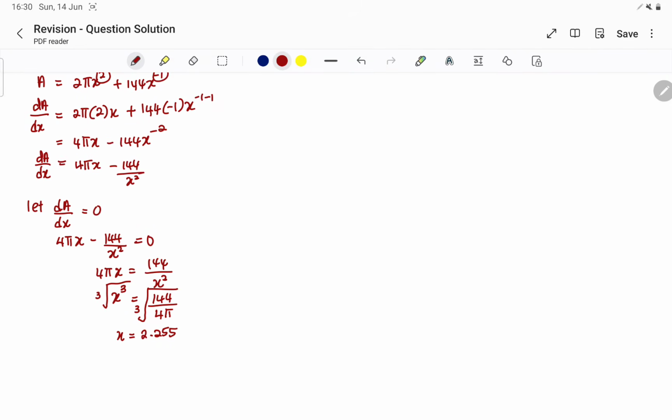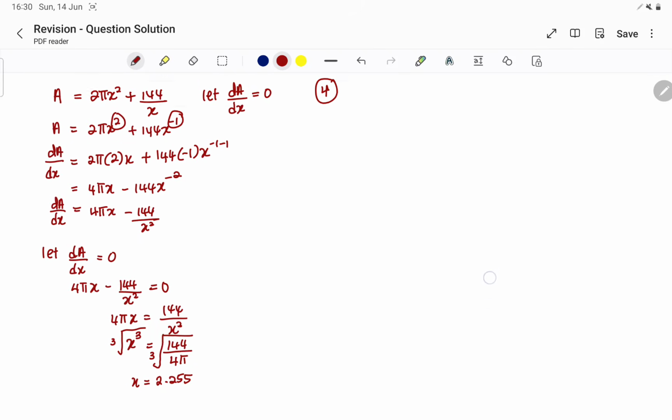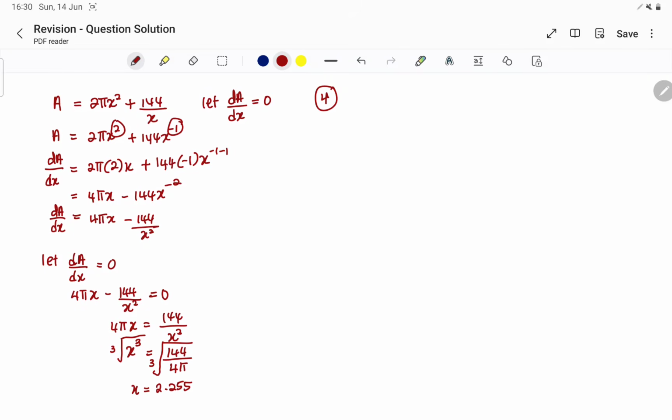So when x is equal to 2.255, your area is equal to 2 pi multiplied by 2.255 squared plus 144 divided by x, which is 2.255.